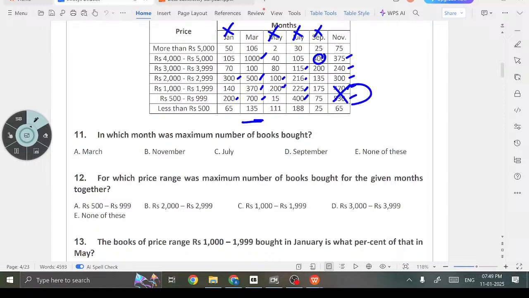There is one 700 also, and one 500 also. So here only it is gone. My answer is March. That's how you should solve it. You should not calculate everything, it will take a lot of time for you.